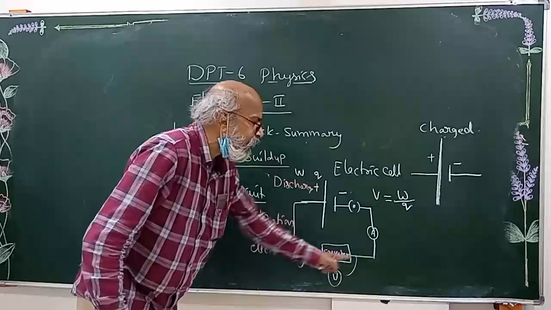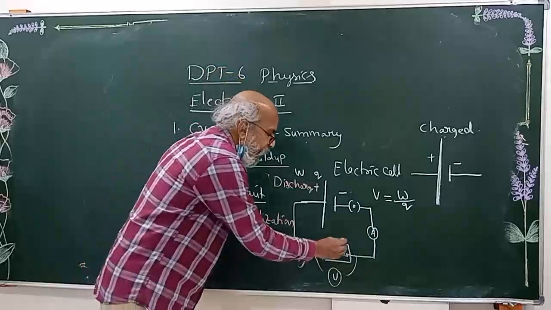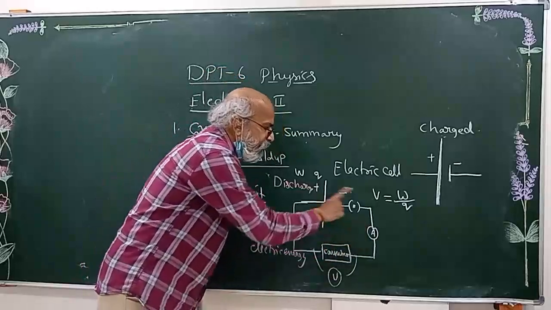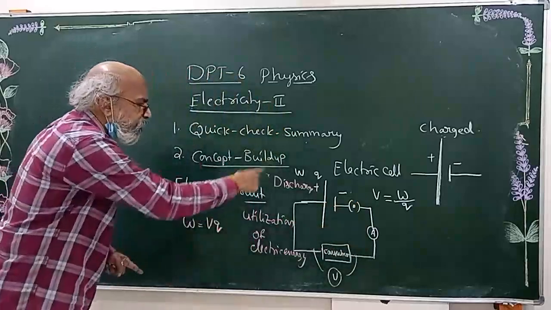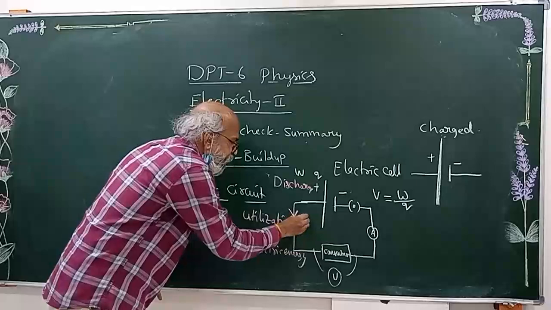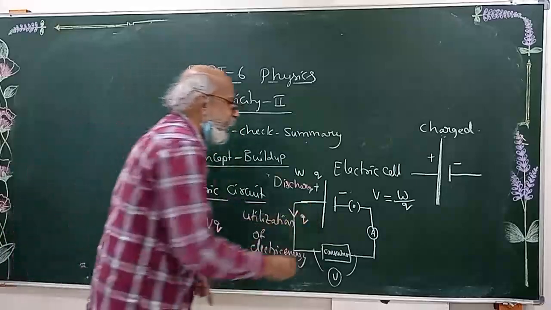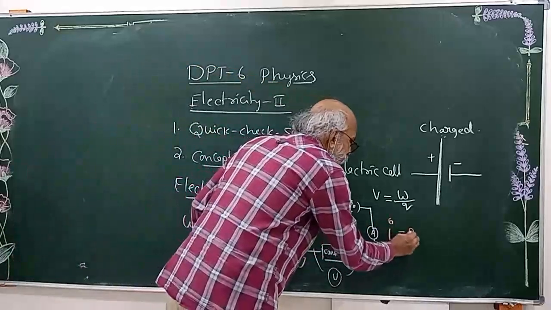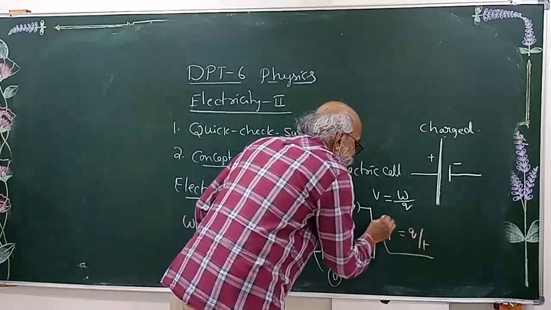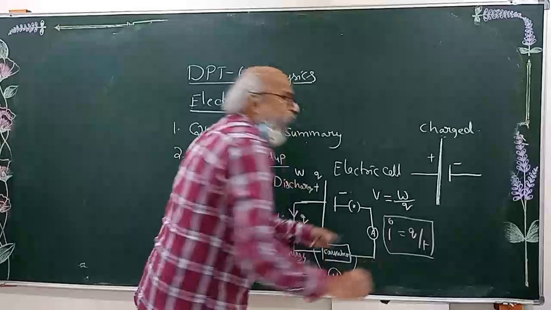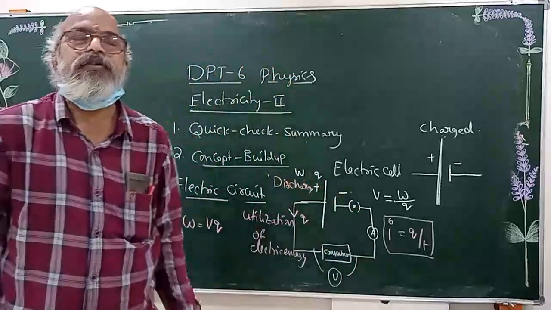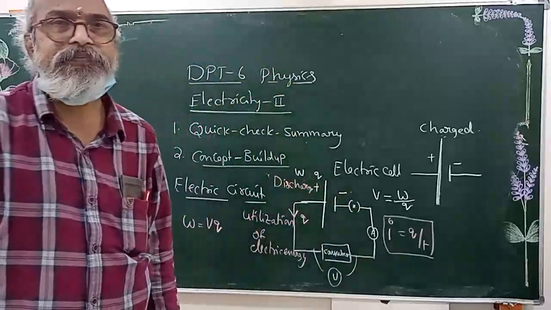A closed circuit is paved, and by means of a voltmeter and an ammeter it is connected. Then charge will start traveling. When charge is traveling, we rate I is equal to Q by T. The ammeter gives the measure of the rate of flow of charge.